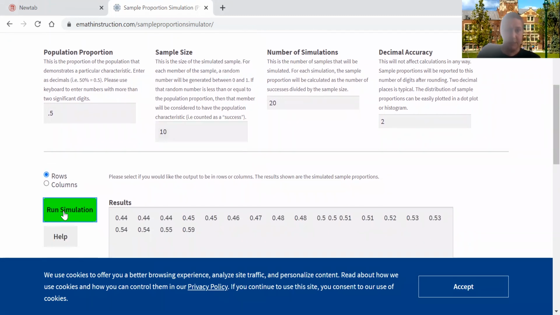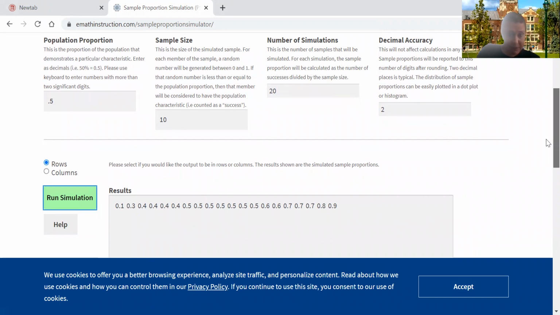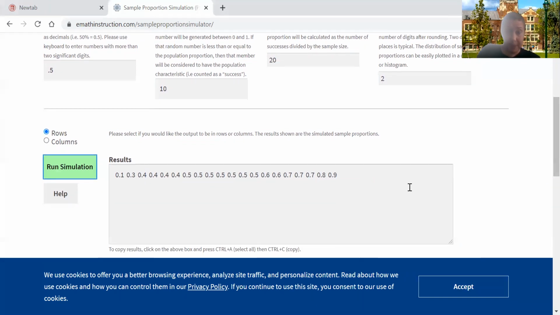If I click run simulation, I was really surprised. In class everybody said, oh my gosh, wow, this is pretty crazy data. I got some very atypical data here, which happens. I'm expecting most of you to get 0.5. That's the expected answer. And if you didn't get 0.5, most people got 0.6 or 0.4.